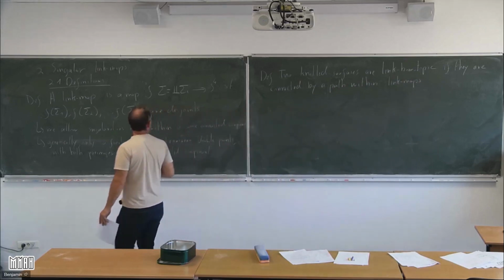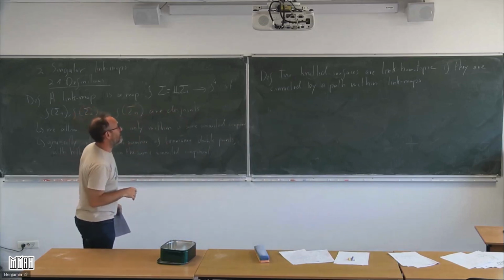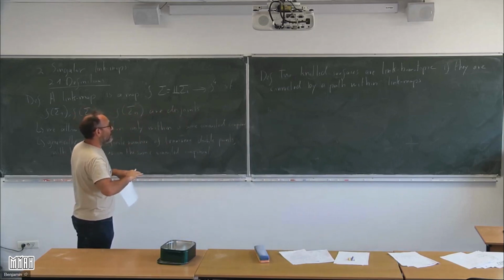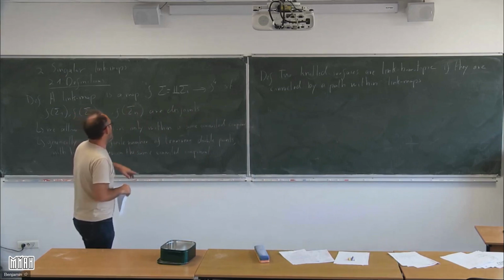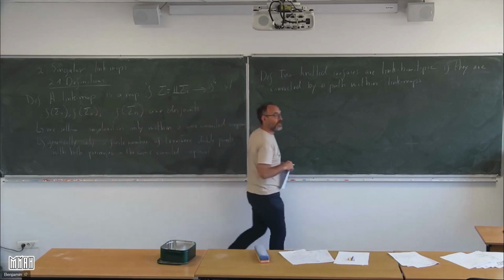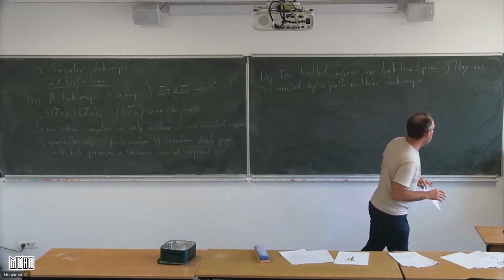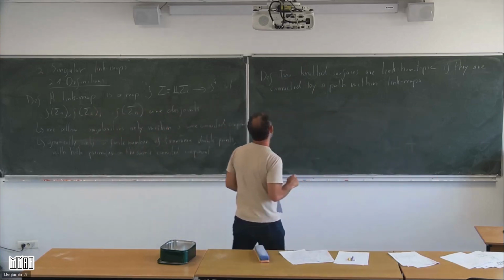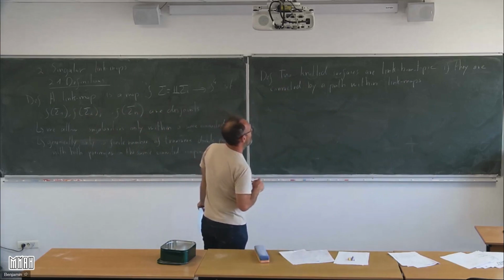This is, I can deform my knotted surfaces, sometimes with singularities, but only self-singularities, like for link maps. Okay? So this notion was introduced by Milnor in his PhD.